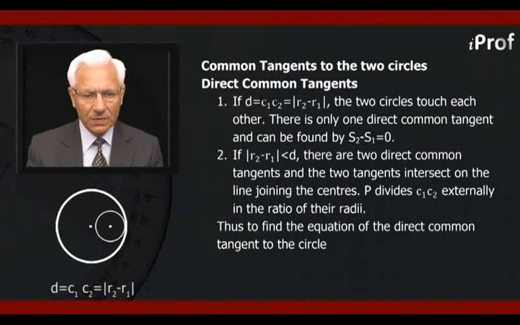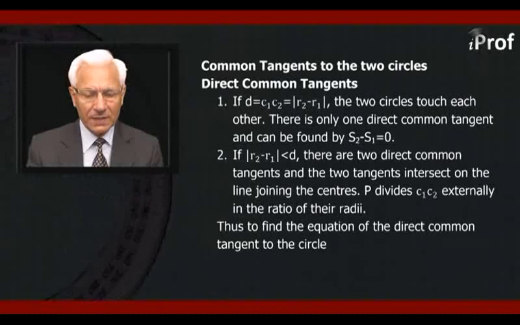In this case, there is only one direct common tangent and it can be found simply by S2 minus S1 equal to 0. That is, the radical axis of the two circles becomes the direct common tangent.